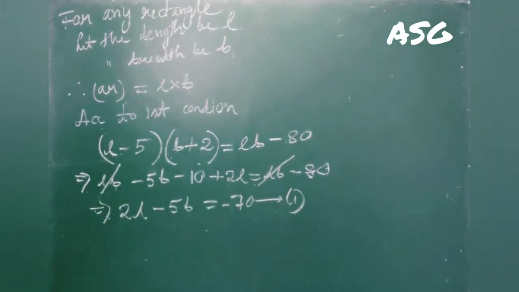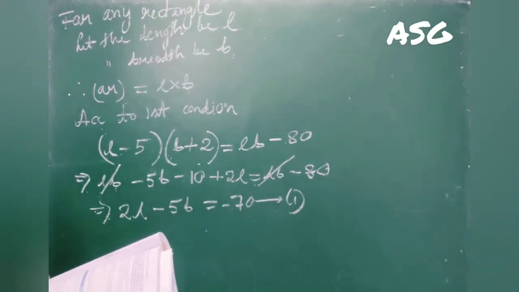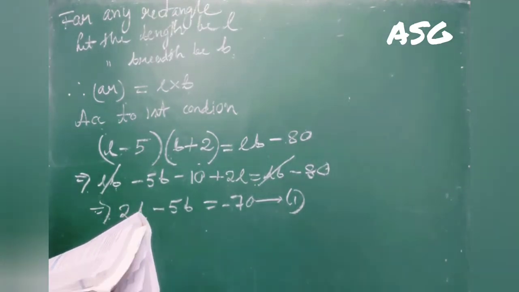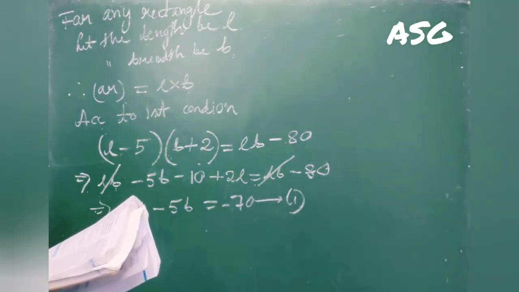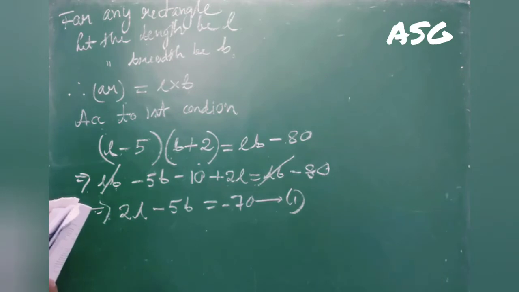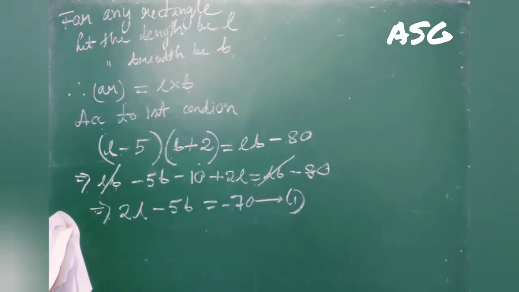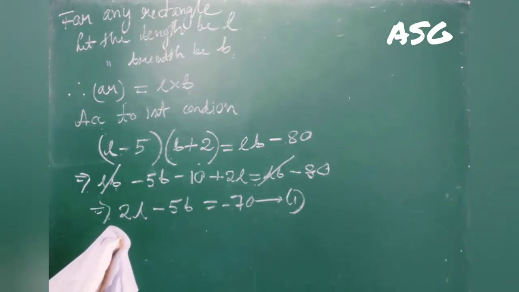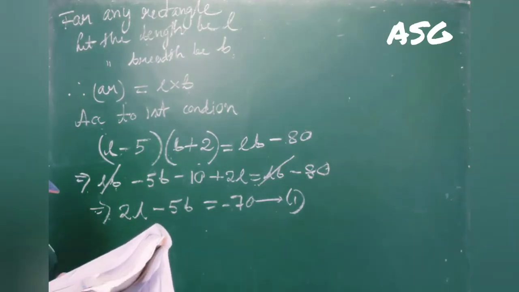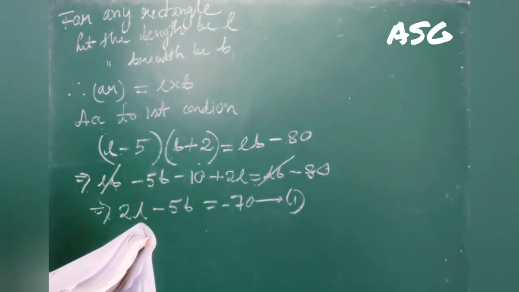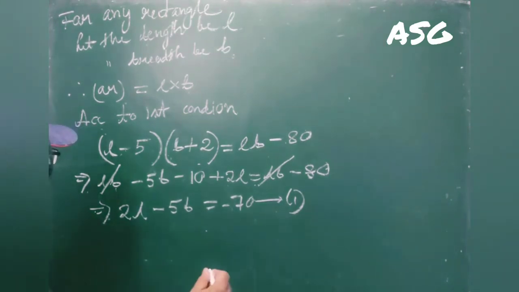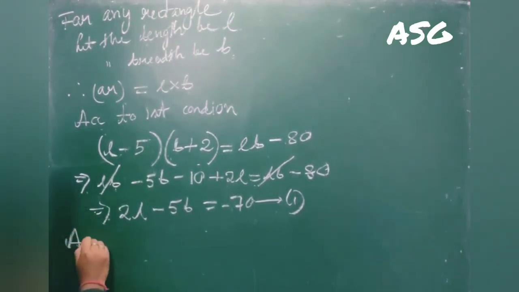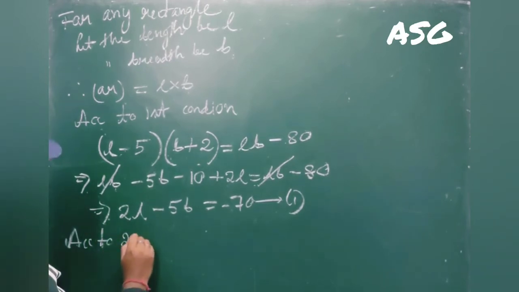Now let's see what is there for the second condition. The second condition said, if we increase the length by 10 units and decrease the breadth by 5 units. So let us go one by one according to the second condition.